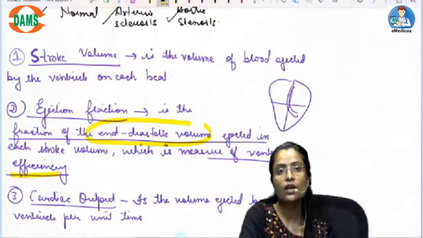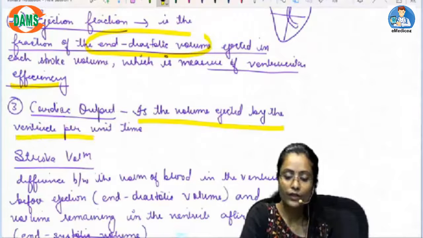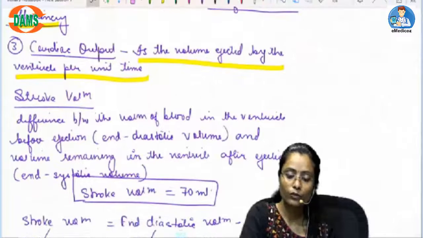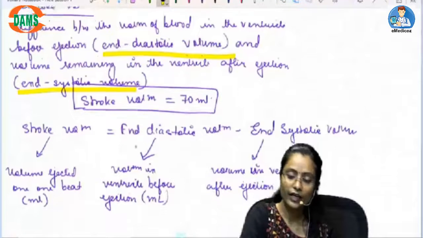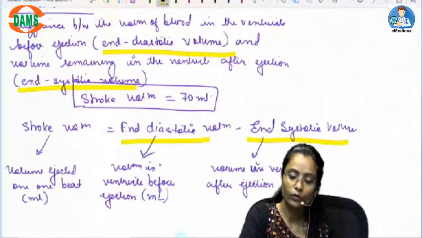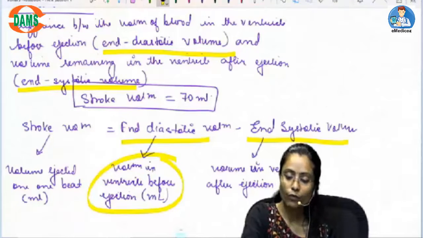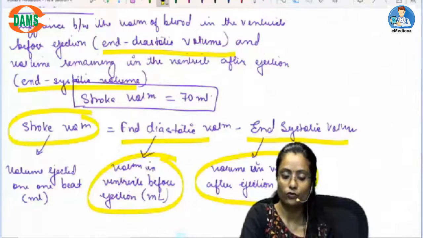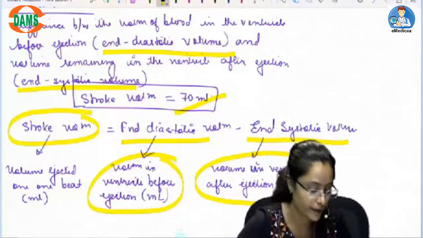Cardiac output is the volume ejected by the ventricle per unit time. Stroke volume is the difference between the end diastolic volume and the end systolic volume, the volume in the ventricle before ejection and after ejection. So this is known as the stroke volume, and the measure is 70 ml.